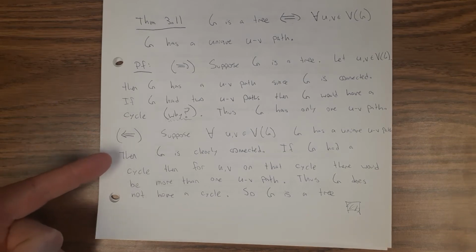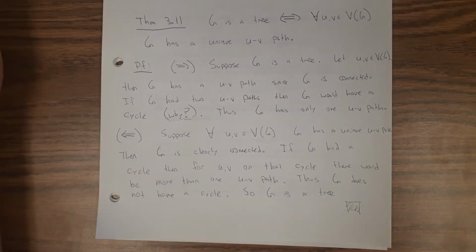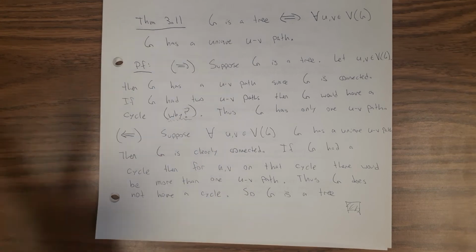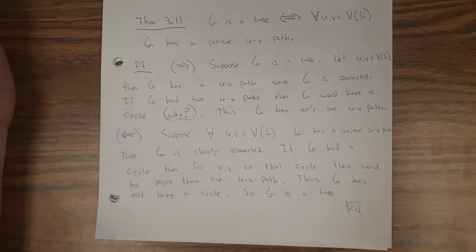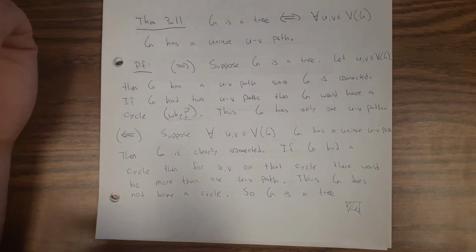It's connected and acyclic. I just wrote that G is clearly connected, and I'll say out loud a bit more what the reasoning is. To be connected, I just need to know that between any two vertices, there is a UV path. Like for any two vertices, U and V, there's a UV path.